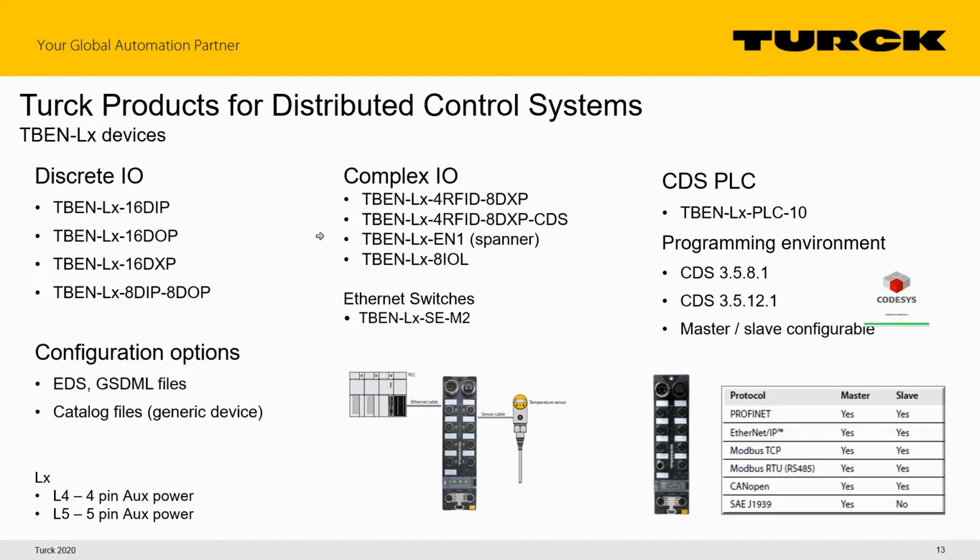We have the EN1, which is a spanner block. And the spanner is very unique because it allows two PLCs that are on two different Ethernet networks to communicate to each other. We do that by setting up input and output tables. So PLC A writes to the spanner into a data table.